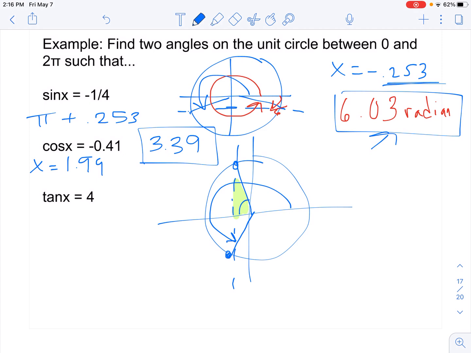So that means this angle here is 1.15, and that will be the same as this angle here. So all I need to do is add pi to 1.15, and that will give me this angle, which is 4.29.